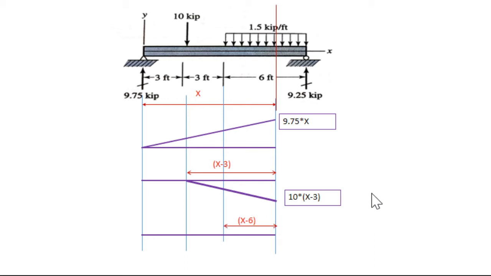It will be like this. This distance is x minus 6, so this ordinate will be w times x minus 6 whole square divided by 2. W is 1.5, so your moment expression will be 1.5 multiplied by x minus 6 whole square divided by 2. This is in fact the moment diagram by parts.